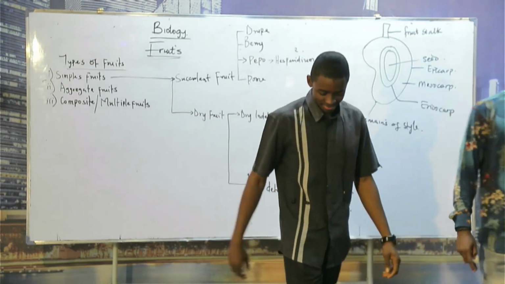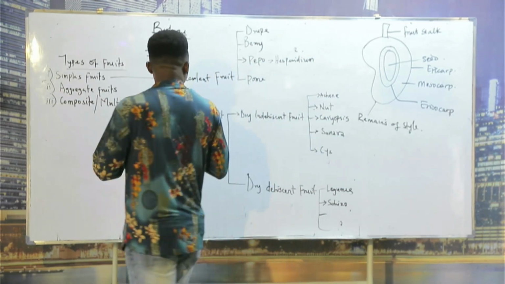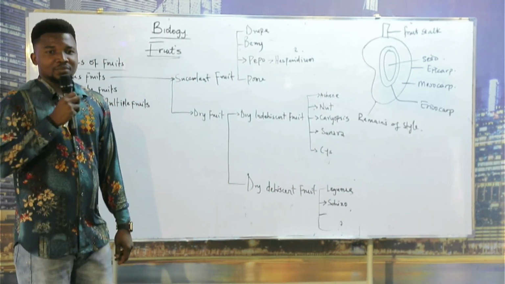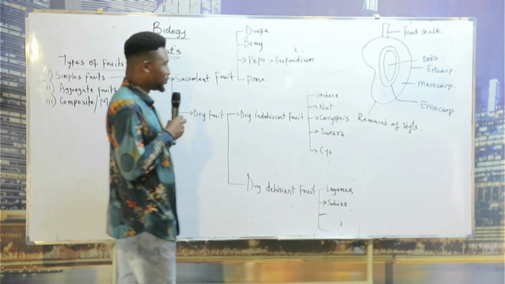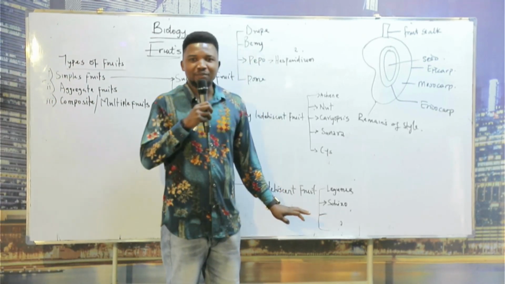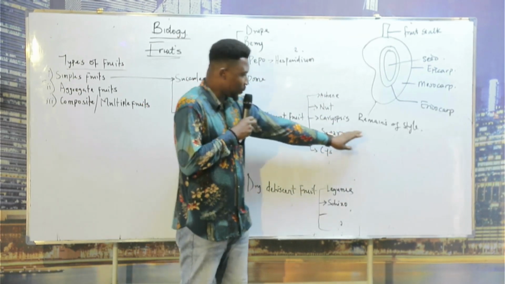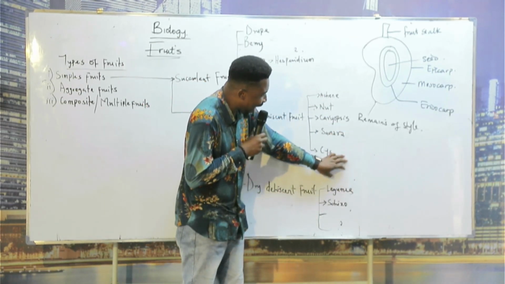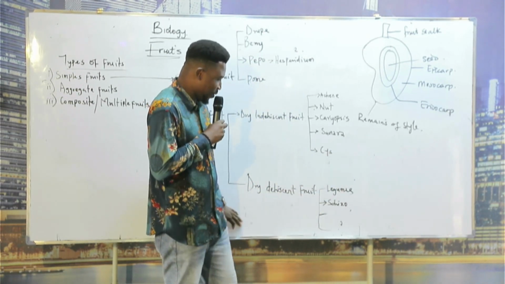Clap for him. So, dry indehiscent fruit, we have the achene, right? The nut, the caryopsis, samara, cypsela, right? Then we come over here.